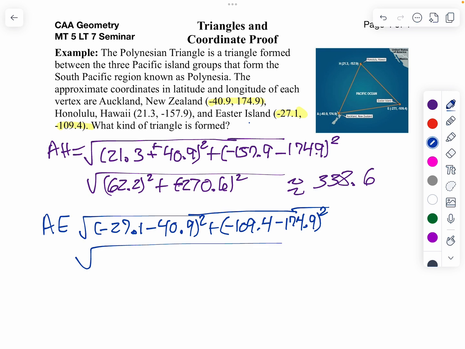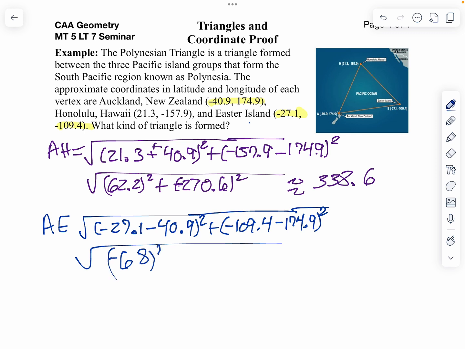So if I take negative 27.1 and I subtract 40.9, we get negative 13.8. That can't be right. I noticed I just forgot to put my negative in my calculator. So, negative 68. Probably could have done that mentally by the time I put that in my calculator.